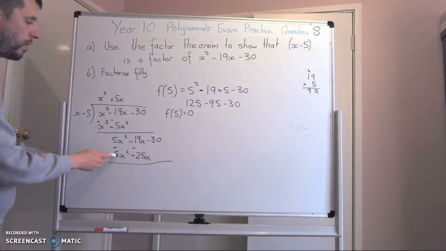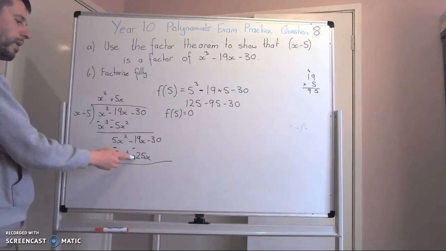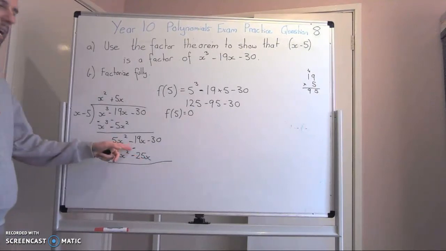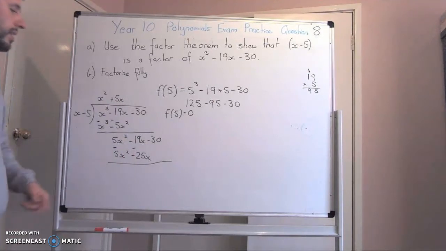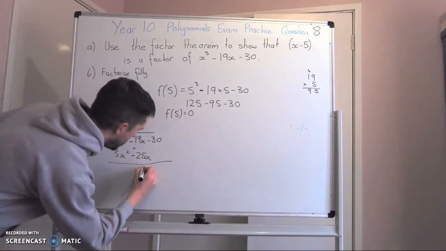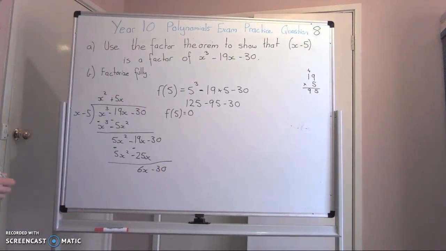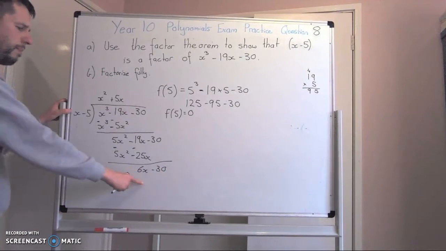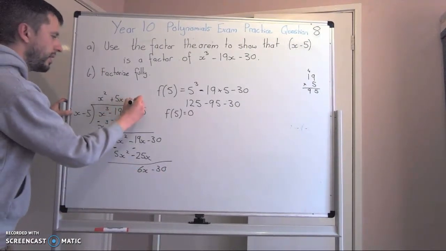5x squared take away 5x squared is 0. Negative 19x take away negative 25x: a negative and a negative becomes a positive. So it's negative 19x plus 25x, which gives me 6x. Then I have minus 30. I finish it off by, again, 6x divided by x gives me 6.